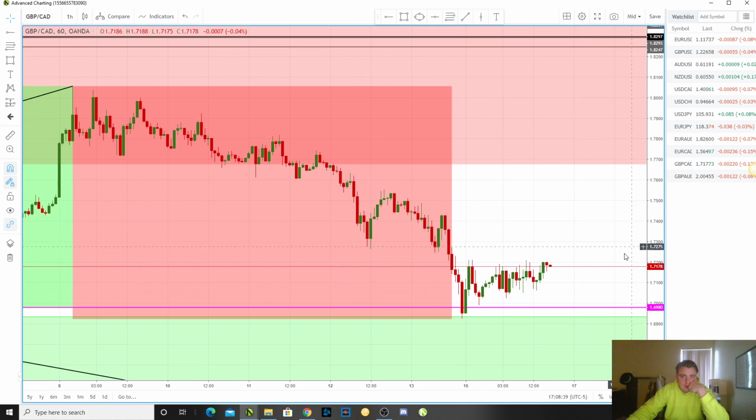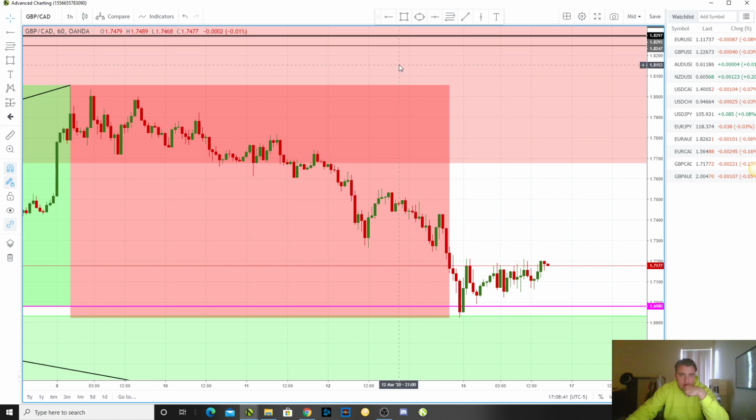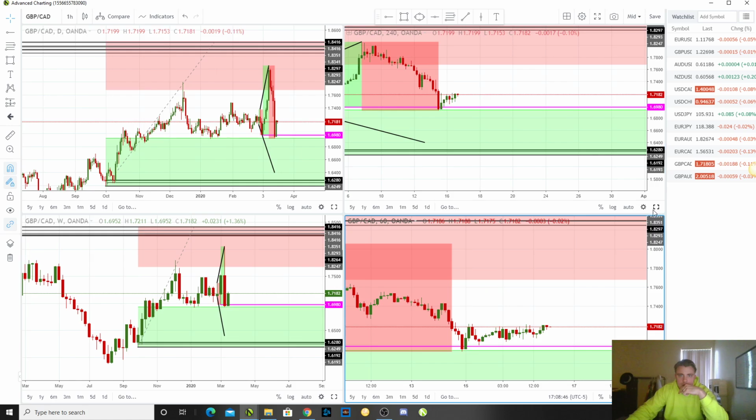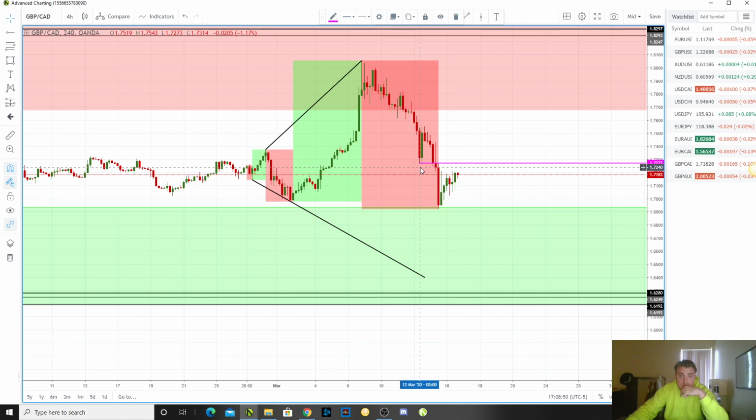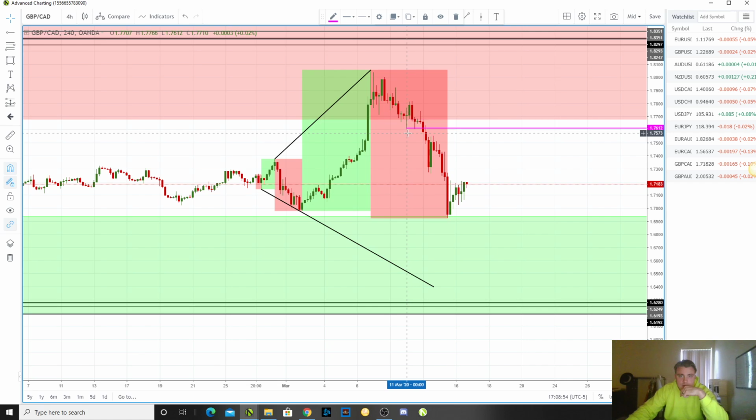See if we can get any trades out of this. Not quite like that, at least for me. The next place to look would be above there.